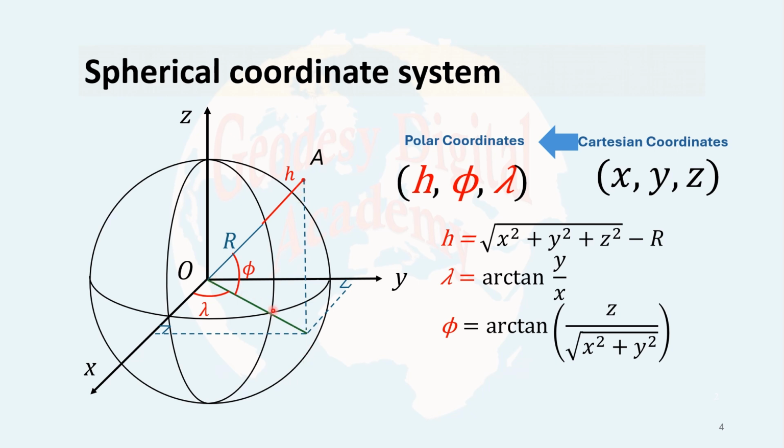So the phi angle will be the arctangent of this zeta over the side of P, which is here. So it's very similar to the three-dimensional coordinate system, but it has similarity to the geodetic coordinate system, which we will discuss later.